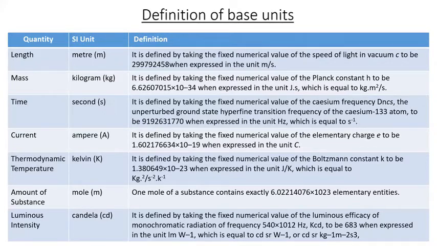Know that the definition of mass was based on a physical object till last year. Only in November or December 2019 it was changed to this constant. Like I told earlier, it is not advisable to base the definition of any base quantity on a physical object.